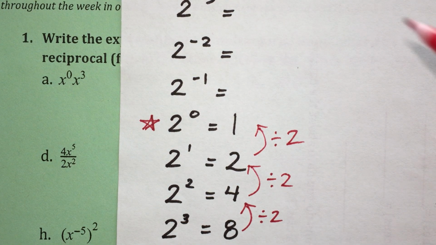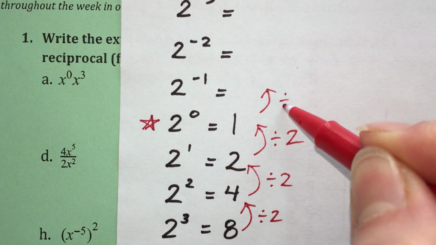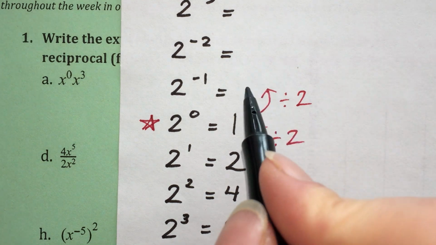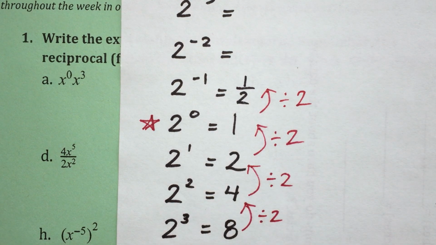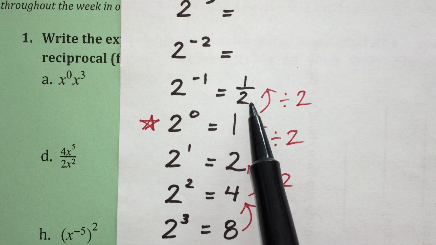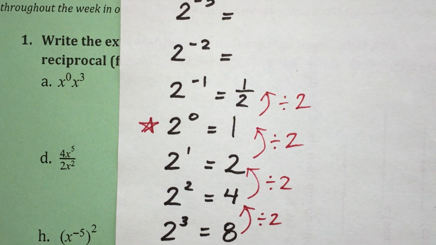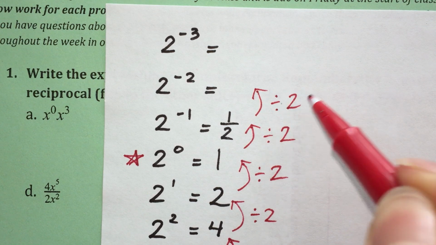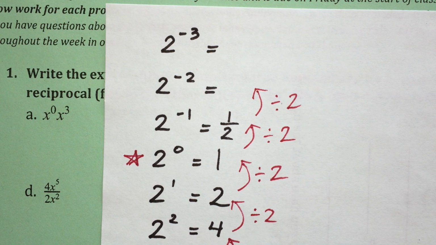If we continue to divide by 2, then we have 1 divided by 2, which is a half. We can see that 2 went into the denominator. Continue to divide by 2 to see what happens. What is a half divided by 2 again? And you get 1/4.